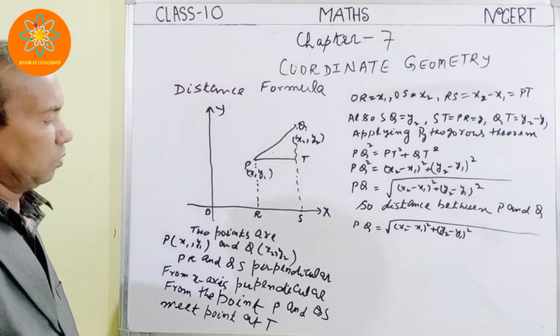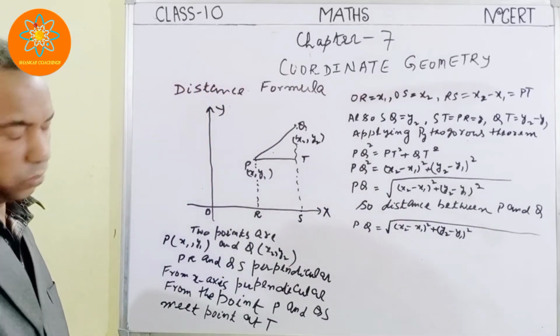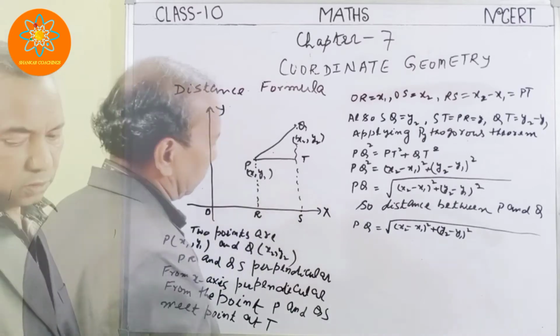This is the distance between P and Q. This is known as the distance formula.